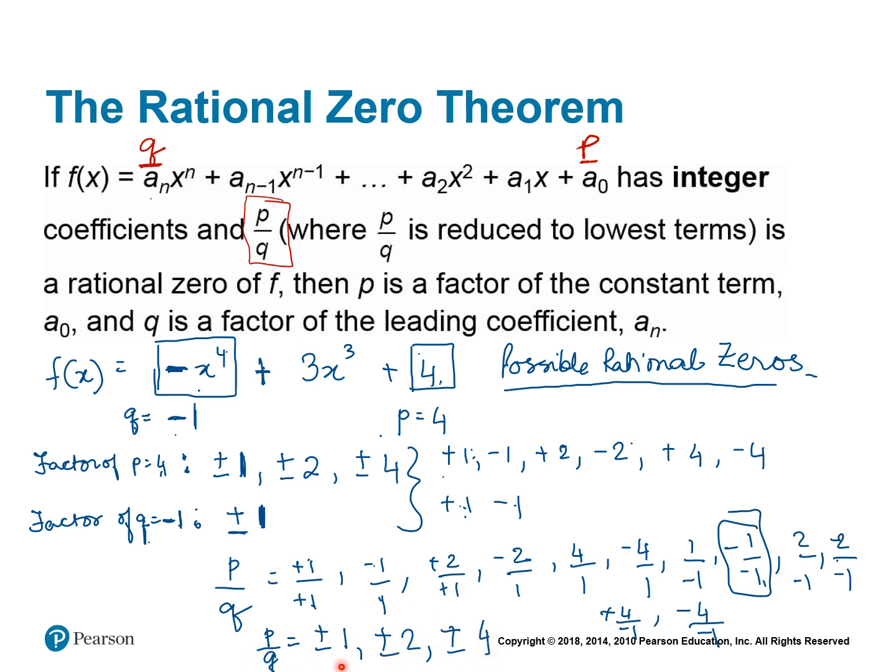Now these are the possible zeros. Not all of them are necessarily going to be zeros, only some of them will be. We will go through more steps and use synthetic division, as you will see in the next few slides, to come up with the actual zeros of the polynomial function.